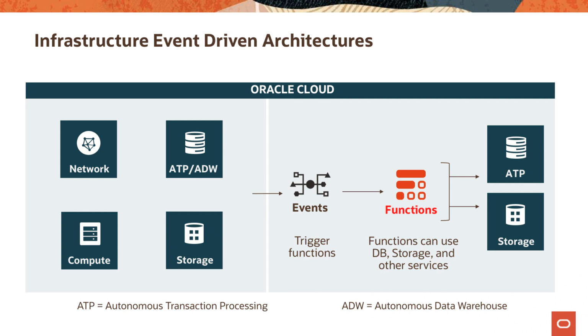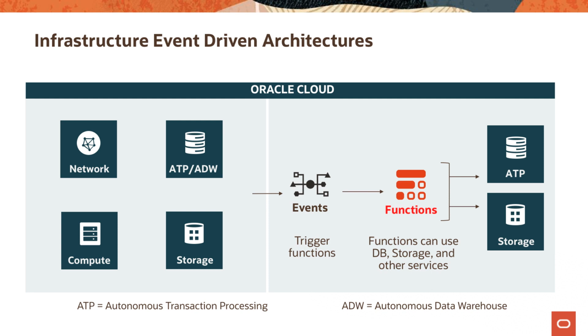Another example use case would be to implement infrastructure event-driven architectures using Oracle Functions. Anytime something happens, some resource in OCI changes, let's say an Autonomous Transaction Processing database or a compute service coming up, or block storage or object storage, or notifications, which is another thing integrated very nicely with OCI Events.